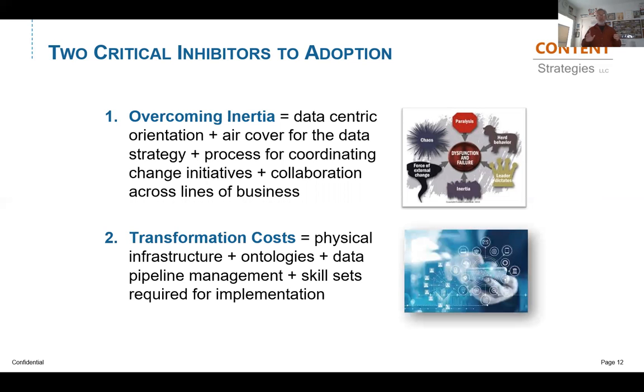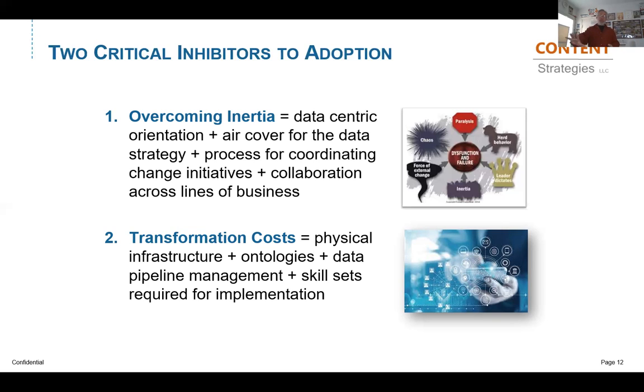There are some transformation costs, right? You do have to have triple stores and tool sets. There are skill set requirements. You must build the ontologies correctly, and manage the pipeline from ingestion through application.